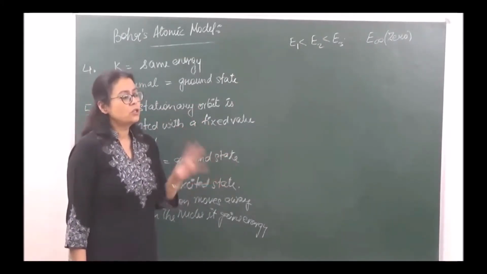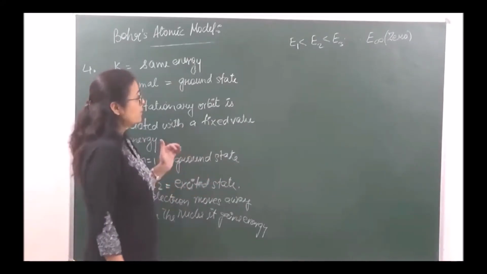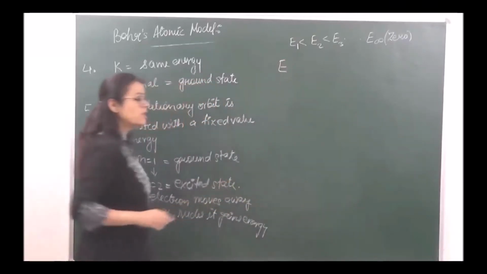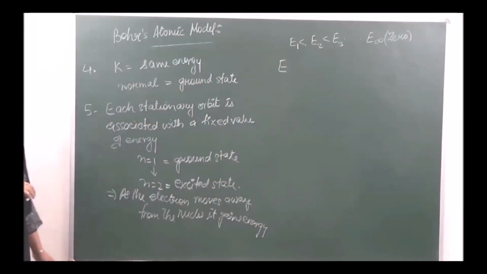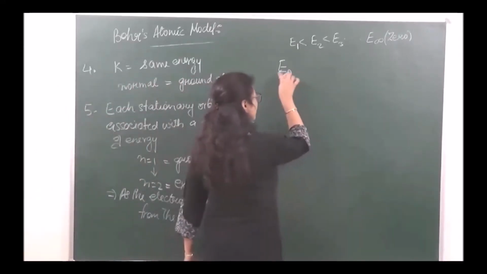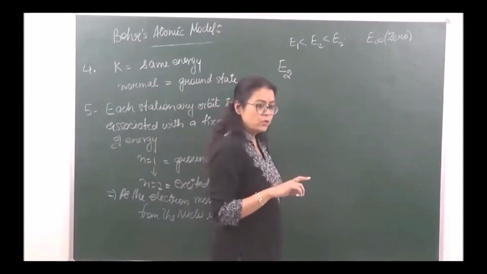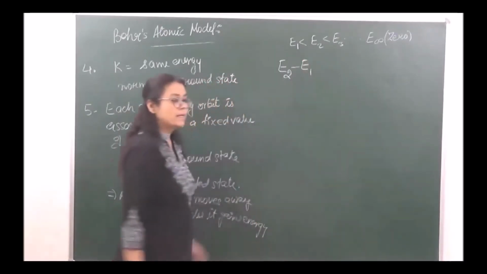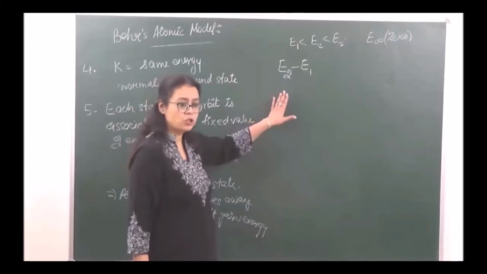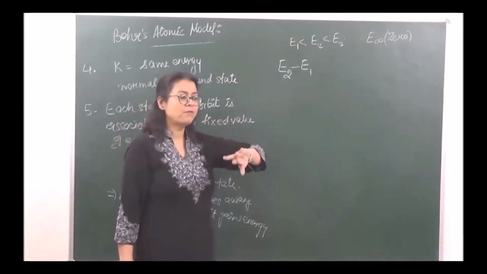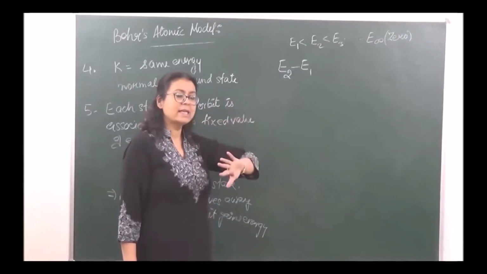Okay, but when we are talking of transitions, transition means what? That the electron is jumping from one state to the other and then coming back. For example, the electron goes from E1 to E2 and then it jumps back to 1. This is known as transition. So transition means that the electron is jumping from the lower level to the higher level and then coming back.